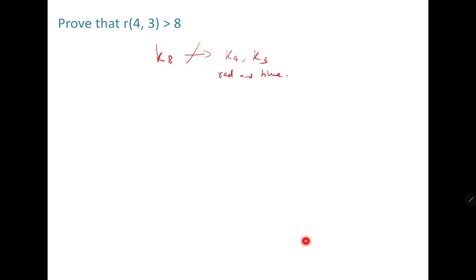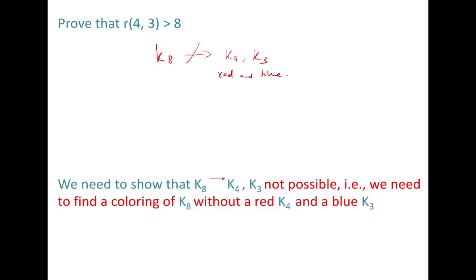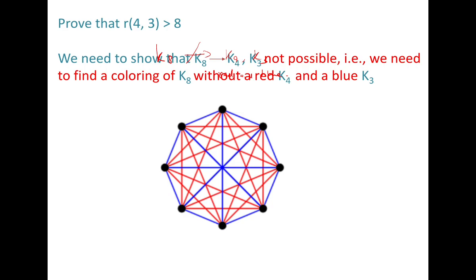Okay, spend some time and try to find such a coloring. The answer may not be unique, but I will show you one such coloring. If you see this coloring, it has a red K3, yes, but it does not have a red K4, and of course it does not have a blue K3.